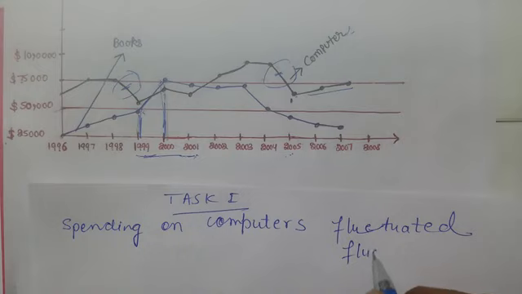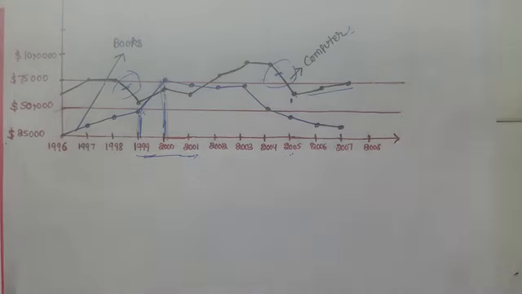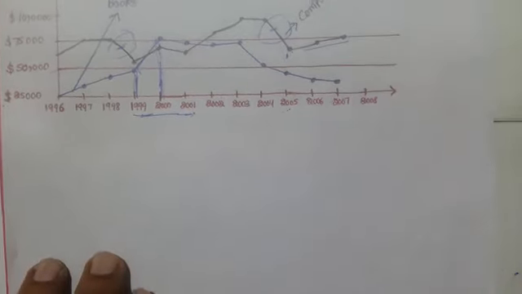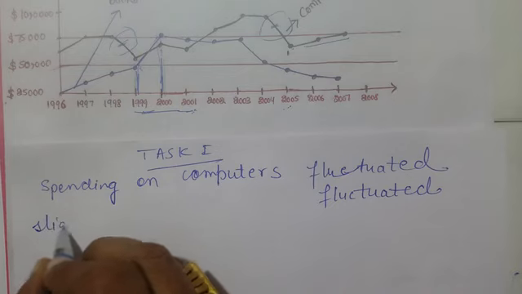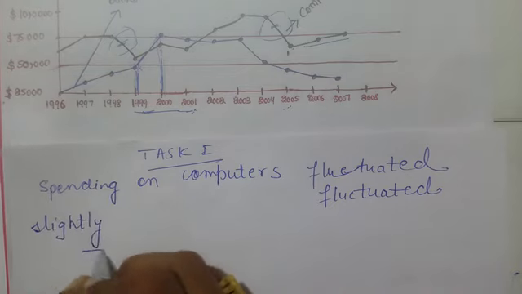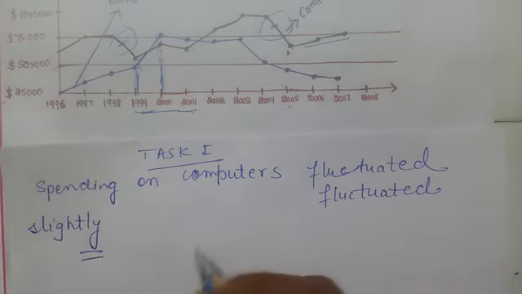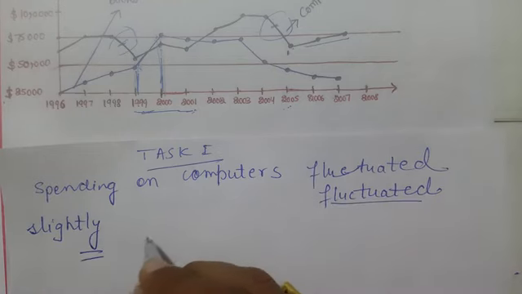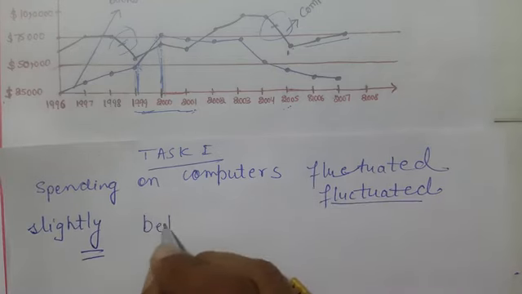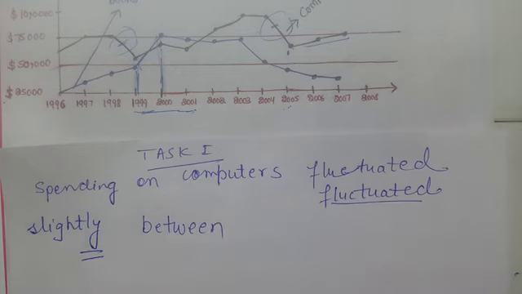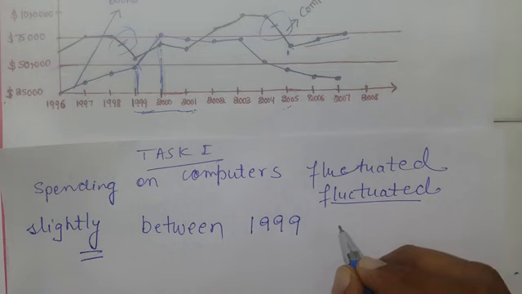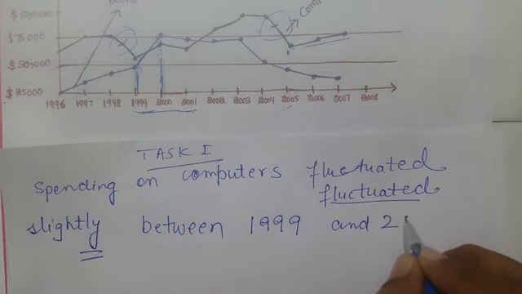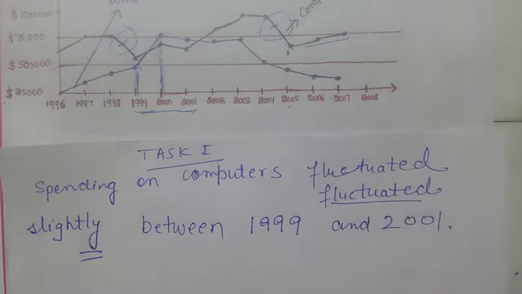So let me write again: fluctuated, then the word slightly, I have underlined. Fine. The years between 1999 and 2001. So this is my first line.